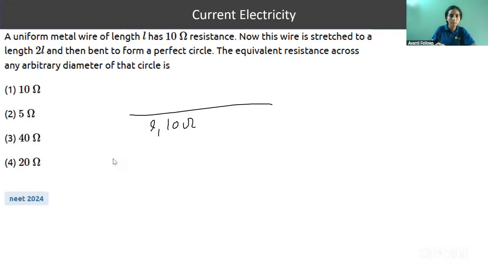Okay. Let's say initially what was our wire like? Initially our wire was something like this. So it has a length of L and now it is stretched. Yes, Raju, correct.